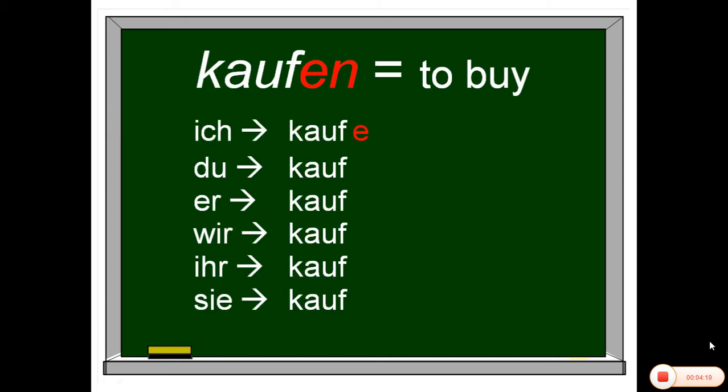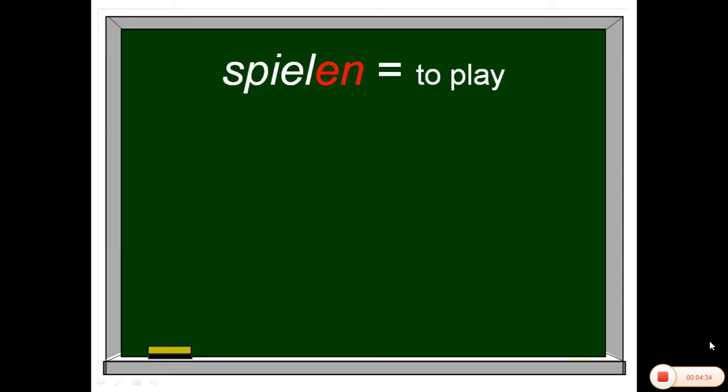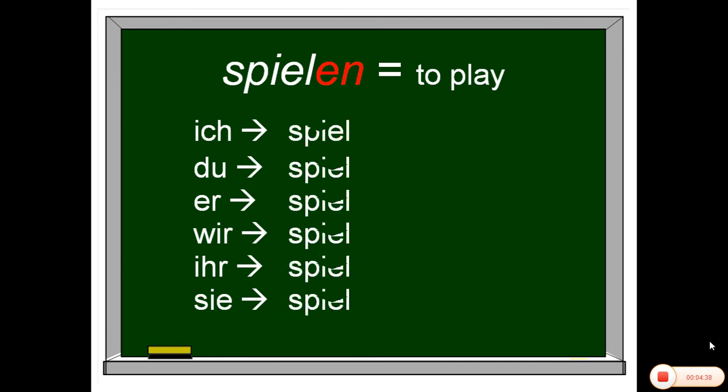So let us conjugate the verb kaufen. Ich kaufe, du kaufst, sie kauft, wir kaufen, ihr kauft, Sie and sie kaufen, right? Spielen, ich spiele. So see what I have done here.